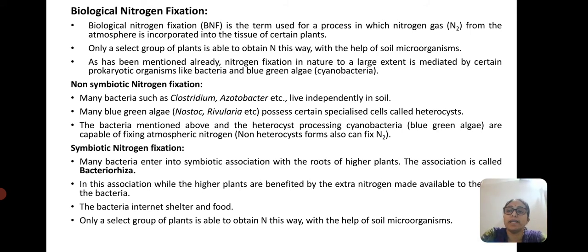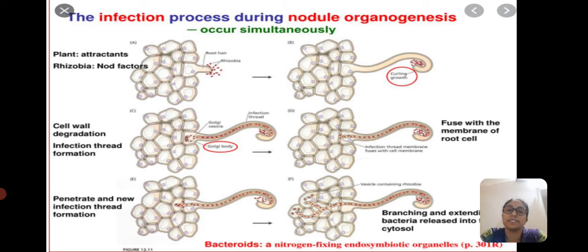Then coming to biological nitrogen fixation, we discussed non-symbiotic and symbiotic nitrogen fixation. Quickly we will move on to Rhizobium, the important nitrogen fixing bacteria which forms the nodules in leguminous plants. How exactly does the nodule formation take place?